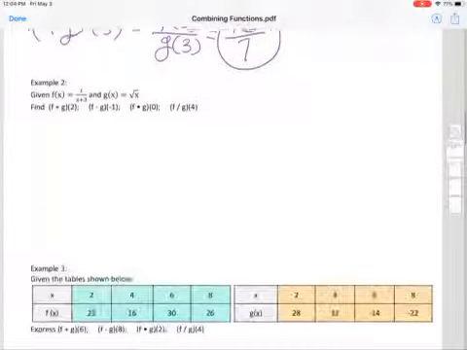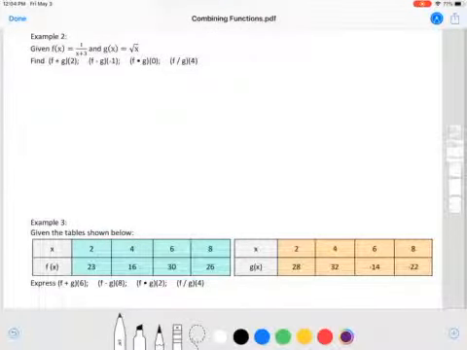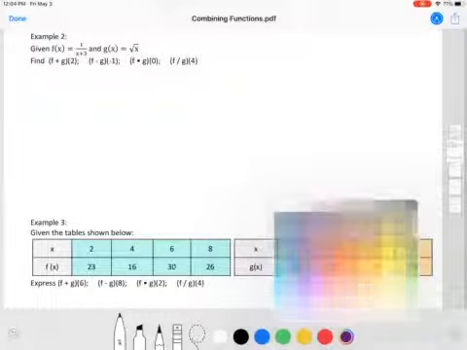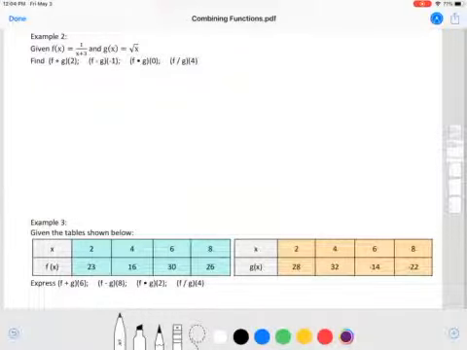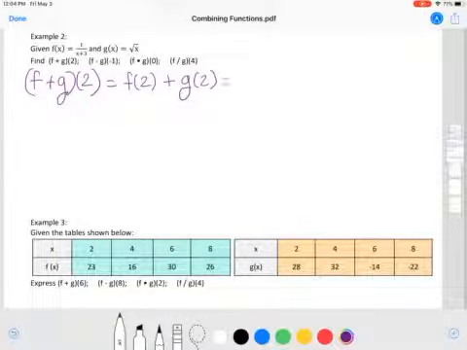Okay. Next example, example 2, same thing, we want to find f plus g of 2. So I want to find f of 2 and add it to g of 2. F of 2 would be 1/5.